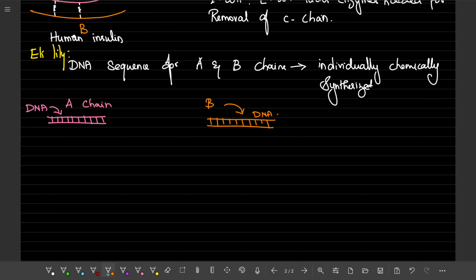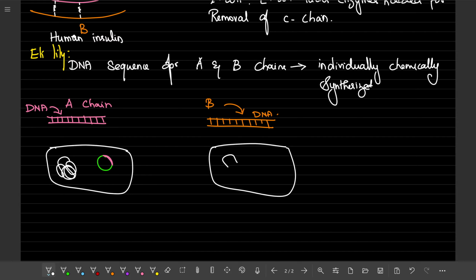So this is going to be the DNA that codes for B chain. And now what happens? We are going to introduce it into E. coli. How did we introduce it into E. coli? Through a vector. Through a vector, we introduce this gene into E. coli separately, and this was done in another E. coli separately.